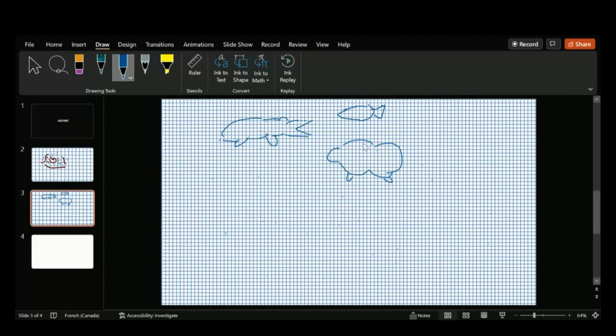Which one is bigger? The crocodile is going to eat the one that's bigger.